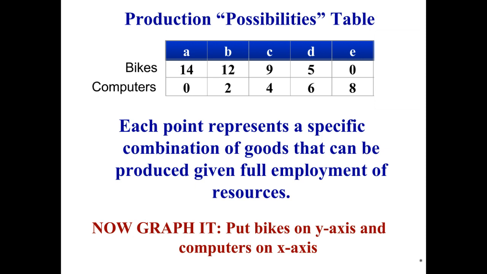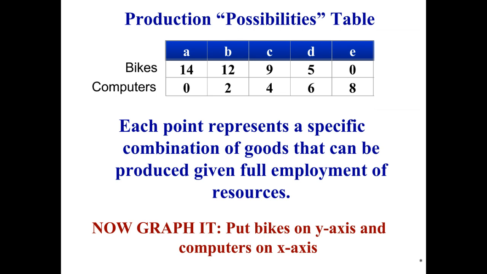So let's take a look at one. So there's going to be 2 goods, remember, bikes and computers. And look at the table. We've got the following scenario, that if we are at point A in this particular society, we can make 14 bikes, but we cannot make any computers. But if we move to point B, you'll see that bikes goes down to 12, and now we can produce 2 computers.